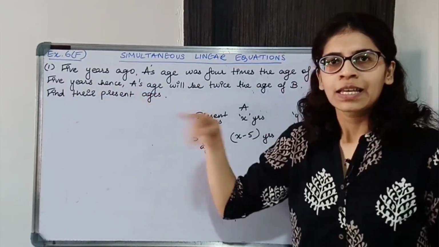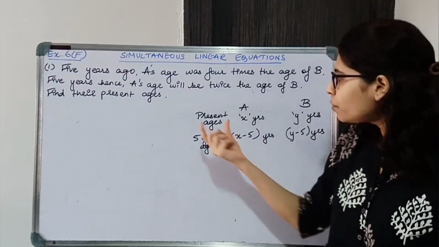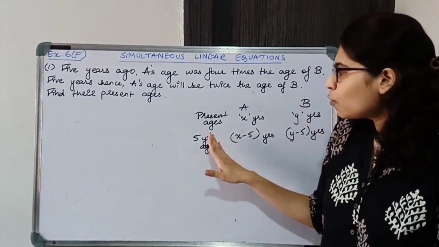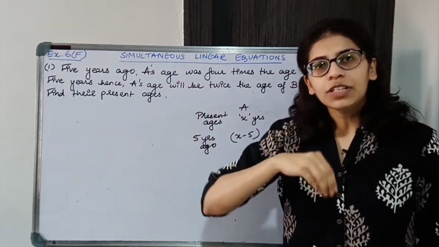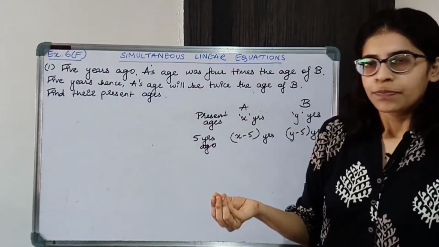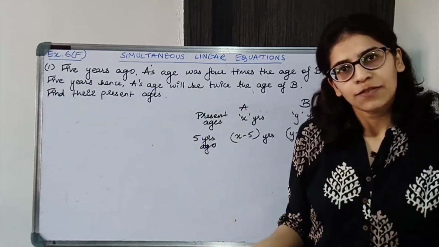5 years hence. Hence means 5 years later. So 5 years later from the present ages, we are talking with respect to the present ages. So 5 years ago with respect to present age and 5 years hence with respect to present age. So after 5 years, what will be the age? Present age is X, so after 5 years it will be X plus 5.